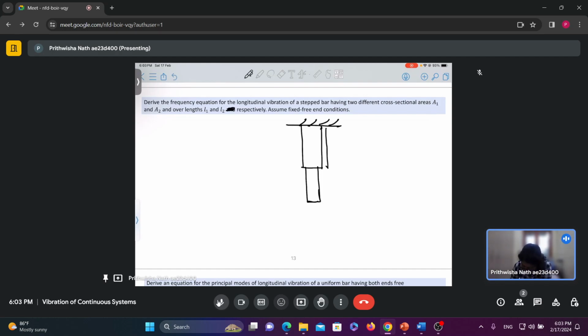Now suppose this length is L1 and this length is L2. And the cross-sectional areas are given as A1 and A2.